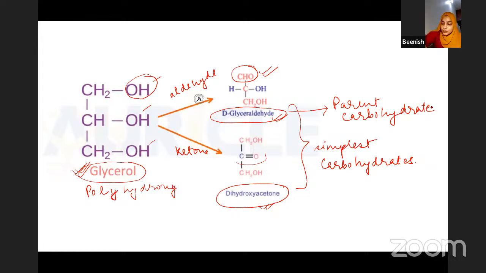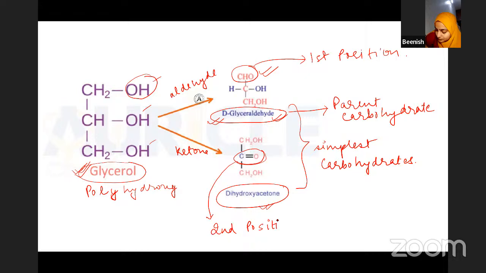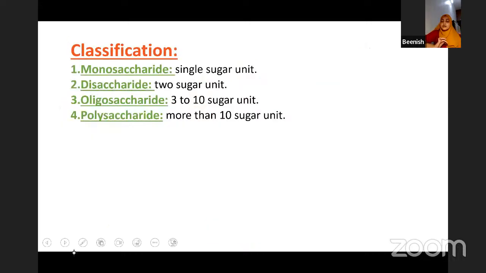Now, the functional group in the aldehydic derivative is at position 1. But in dihydroxyacetone, you can see this ketone functional group is at the second position. Okay. So that was briefly about introducing you to the simplest carbohydrates.